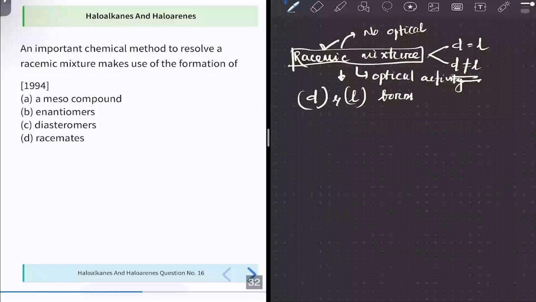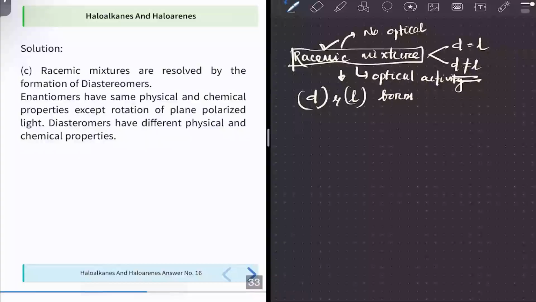They are diastereomers. So option C is the correct option. An important chemical method to resolve a racemic mixture makes use of the formation of diastereomers. So racemic mixtures are resolved by the formation of diastereomers.